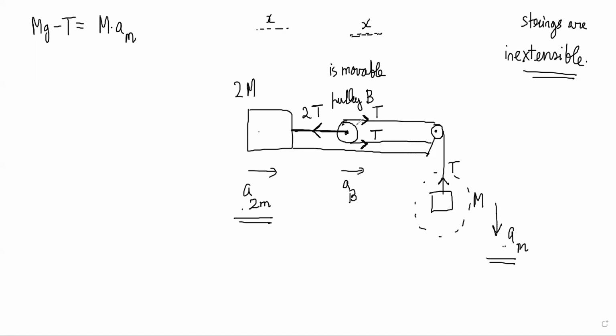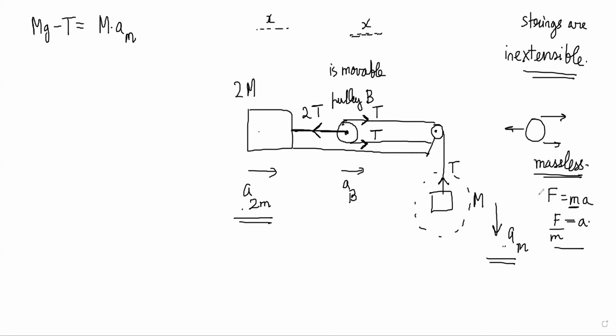Why does the force on the pulley have to be balanced? Because the pulley is massless, you cannot have a net force on it, because that will produce an infinite acceleration, right? Force is equal to mass times acceleration. If m is 0, F by m will become infinite, right?